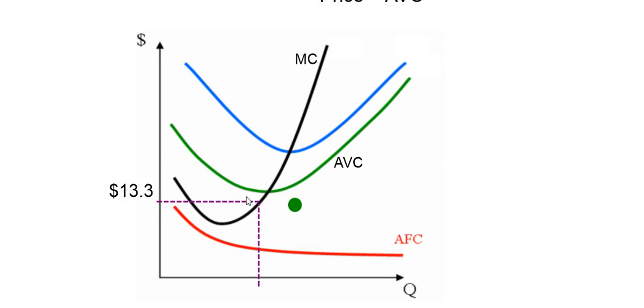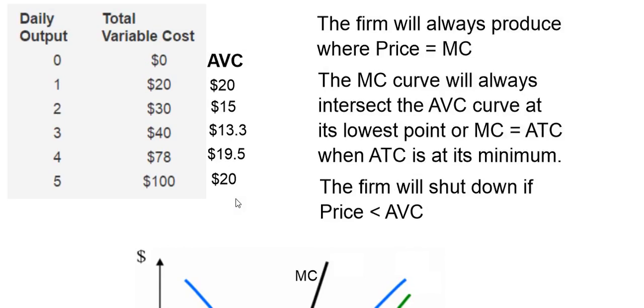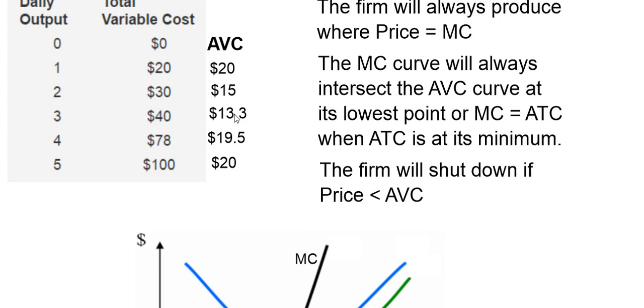Now, if we think about what this problem gives us right here, the problem gives us the total variable cost and the daily output, so the quantities. So we can compute very easily the average variable cost and see that it at least goes down to 13.3.